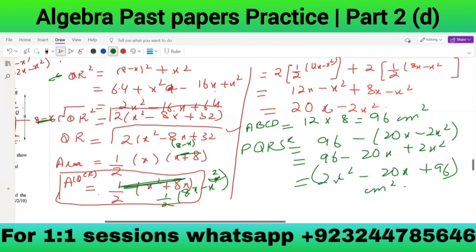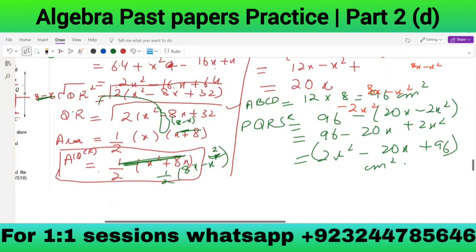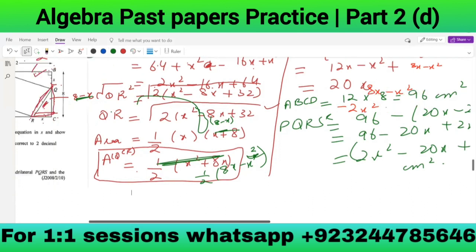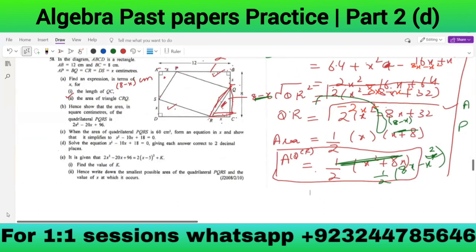So we are done with this part. Let's see what is the next part now. We get 2x square minus 20x plus 96.